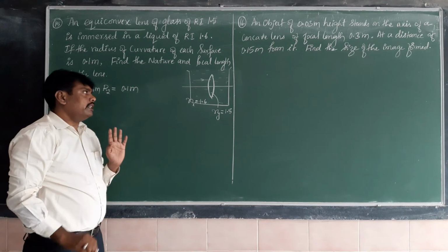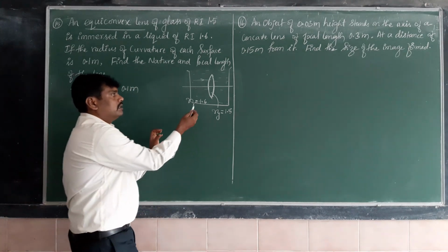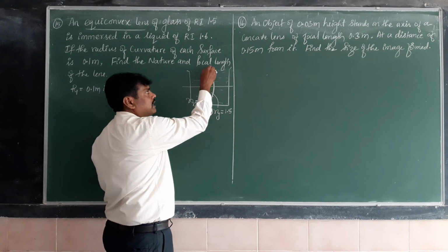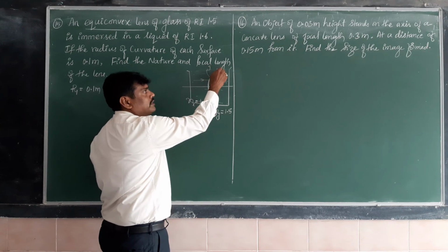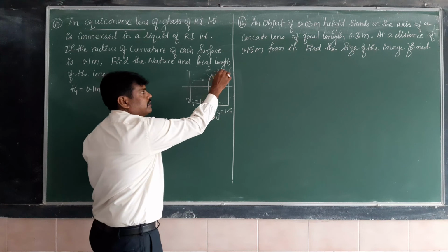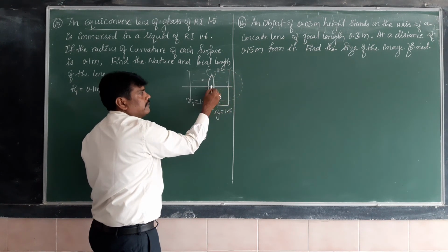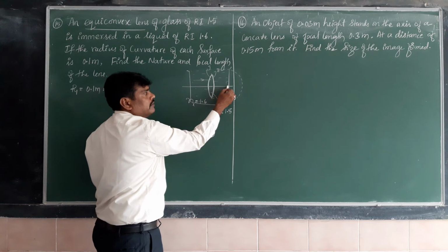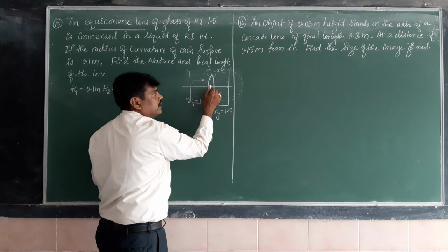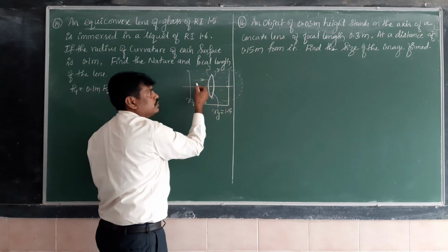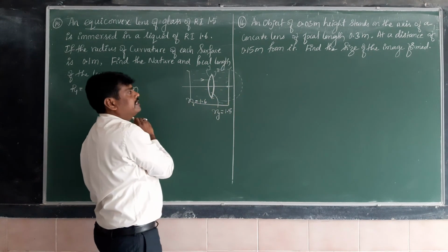But the very important thing is the sign convention. Say it is the first curved surface and this is the second curved surface. For the first curved surface, the center of curvature comes somewhere here. We are measuring from optic center to center of curvature. So here to here the distance is taken as positive because we are measuring along the direction of incident, right?